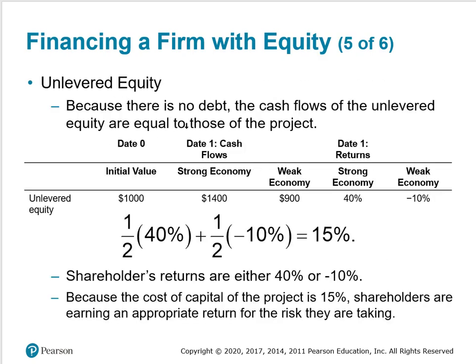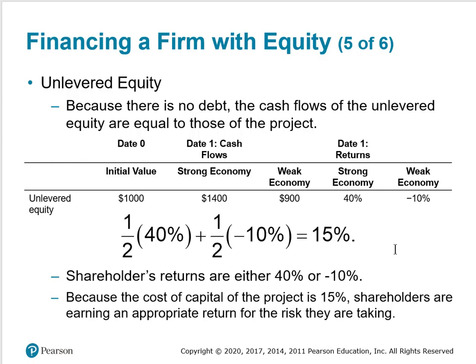So if it's unlevered, unlevered equity means there's no debt. Then if the initial value is $1,000, the strong economy gives $1,400 and the weak economy $900, what is the rate of return? 50% of 40% and 50% of negative 10% gives us the average.